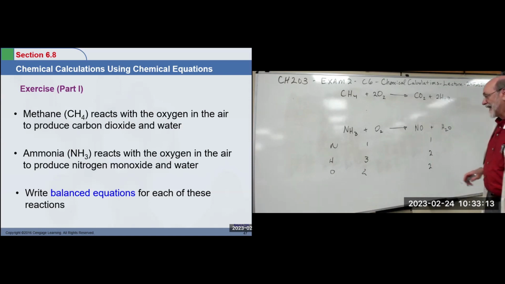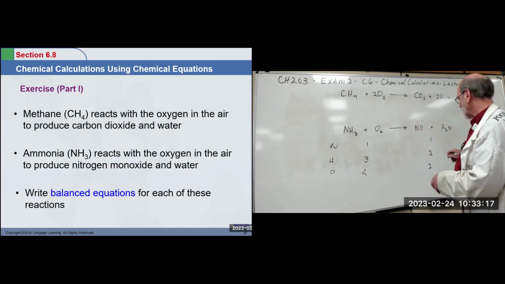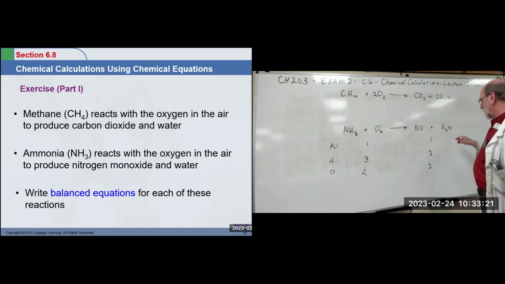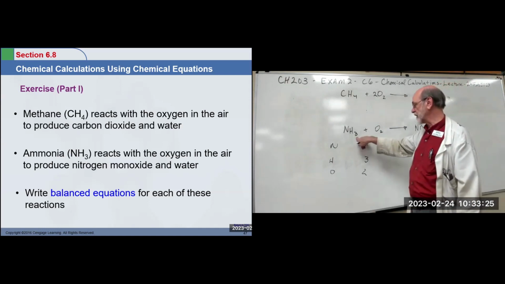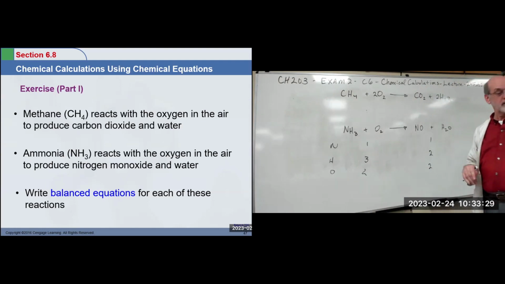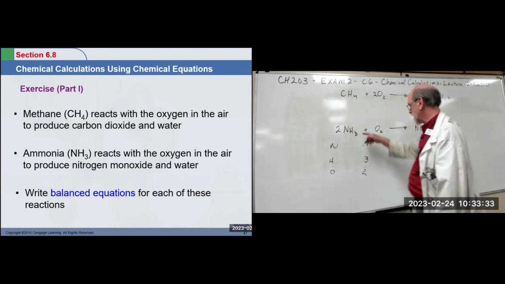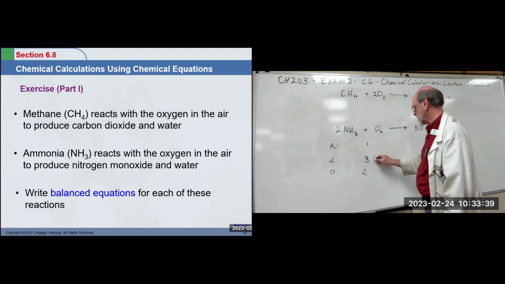Okay, nitrogen's already balanced, so we'll go to the hydrogens and see what they do. So we've got hydrogen in one place over here and one place over here. This one has 2 hydrogens and this one has 3. So we're going to use the cross multiplication trick. We're going to take that 2 and put it over here, and take that 3 and put it over here. So now we have 6 hydrogens on both sides.